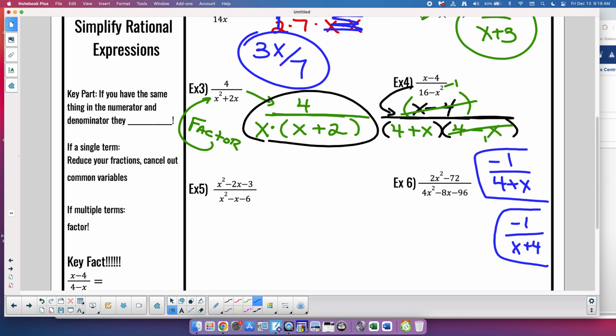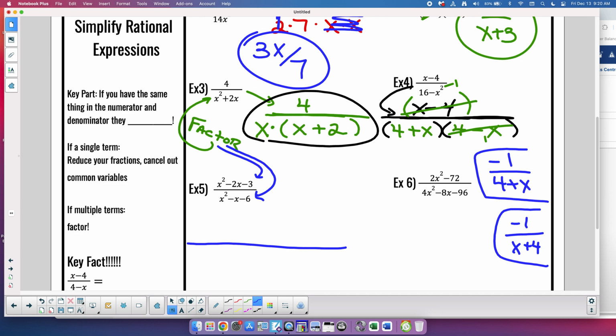Now, look. Trinomial over a trinomial. Are they identical? If they're identical, cross them out and put a 1. No, they're not even somewhat. x squared is the same. 2x and 1x, not the same. 3 and 6, not the same. Guys, what do we have to do? Factor.